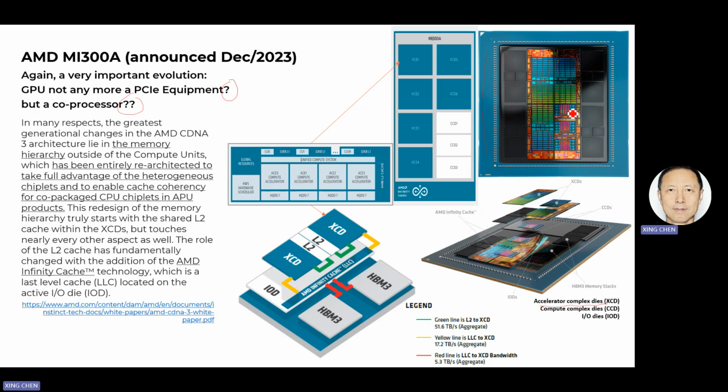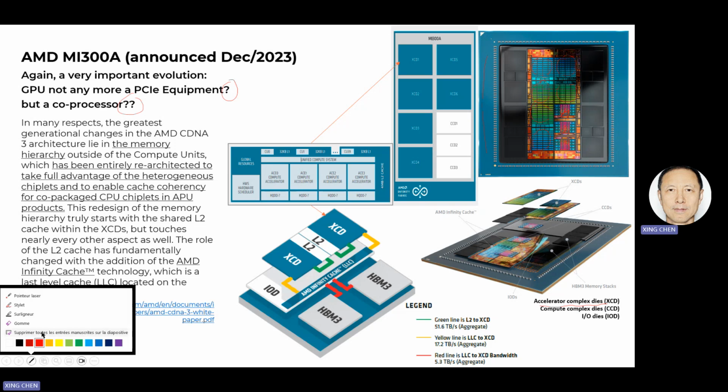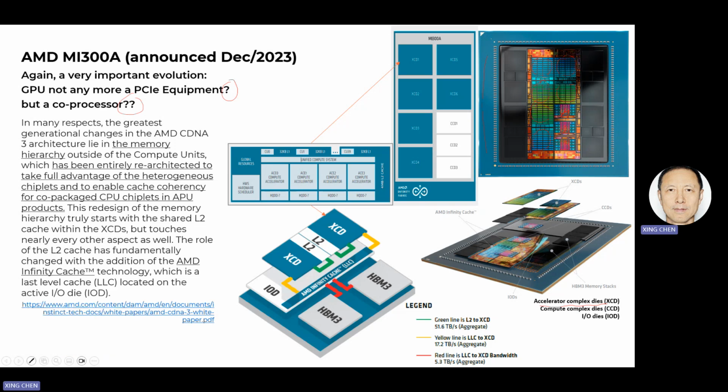Sorry, I need to change the color. Okay, so we have 1, 2, 3 CCDs, and here you have 1, 2, 3, 4, 5, 6 XCDs. The CCDs means compute complex die.